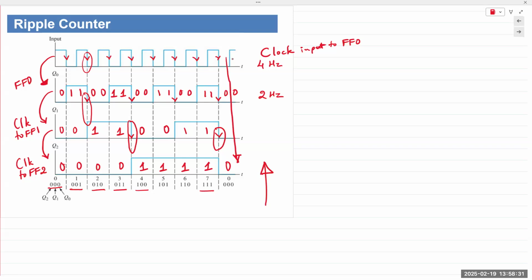So the counter resets and goes back to 0, 0, 0, which is what we expect. The sequence makes sense. It's the connection of the output as clock to the next flip-flop. So the effect of the original clock cycle ripples through the entire chain down to the last flip-flop. Hence, it is known as a ripple counter.